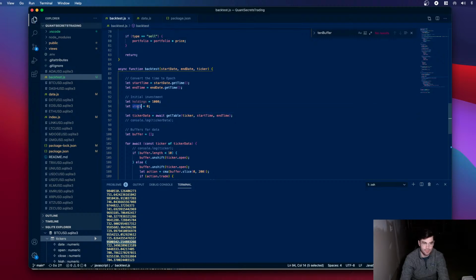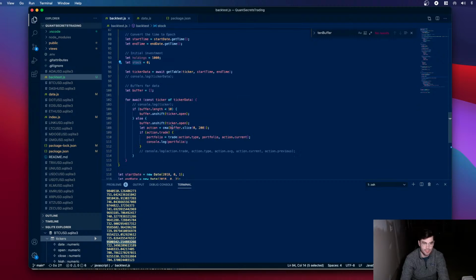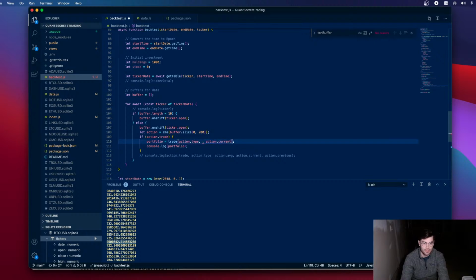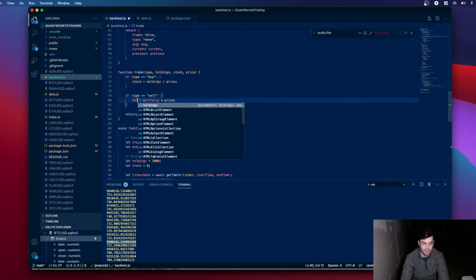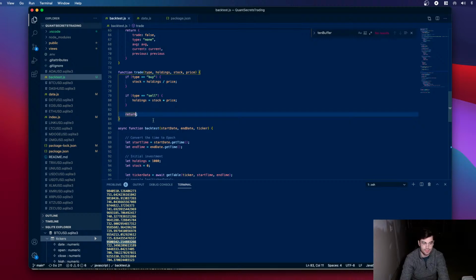Alright, and then when I buy stock, it'll be holdings stock. So if it's a buy, stock equals holdings divided by the price, and here holdings equals stock times the price. Yes. And then I'll return, how do you return?